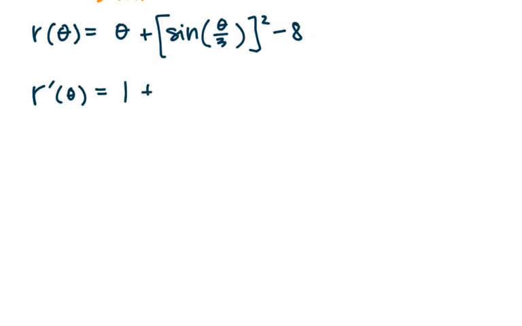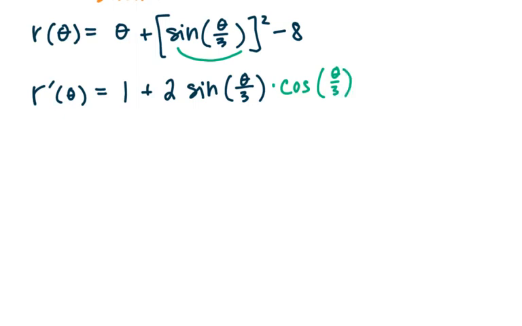When I go to take the derivative of sine squared of theta over 3, I have to use the chain rule twice. I'm going to get 2 sine of theta over 3 times the derivative of the inside. Derivative of sine, I've got cosine of theta over 3 times the derivative of the inside there, which is just going to be 1/3.